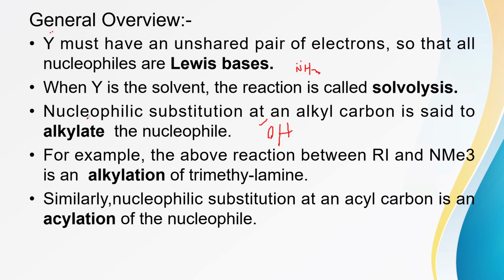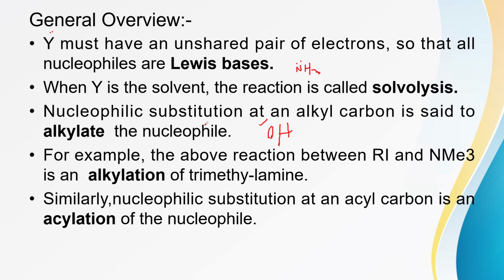Next, a nucleophilic substitution reaction at an alkyl carbon is said to alkylate the nucleophile. It means that if a nucleophile gets attached to the alkyl group or alkyl carbon, then the nucleophile is alkylated, meaning an alkyl group is added to the nucleophile.